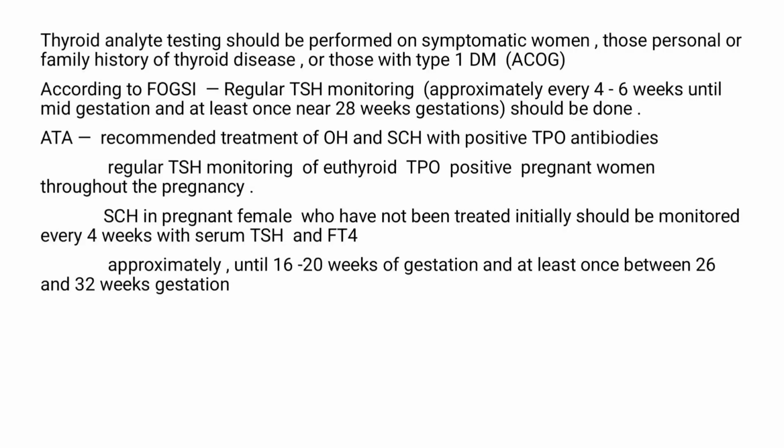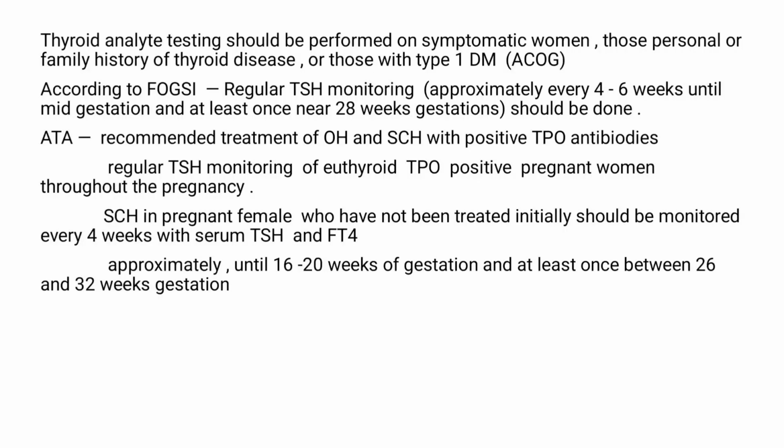Now according to FOGSI, regular TSH monitoring, that is approximately every 4 to 6 weeks until mid gestation and at least once near 28 weeks gestation, should be done. So FOGSI recommends regular TSH monitoring because India comes in an endemic thyroid zone. Now ATA, also known as the American Thyroid Association, recommends the treatment of overt hypothyroidism and subclinical hypothyroidism with positive TPO antibodies.